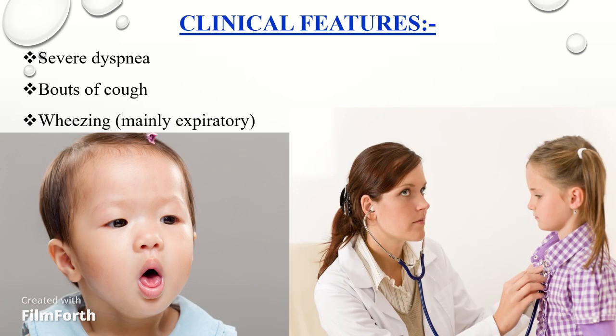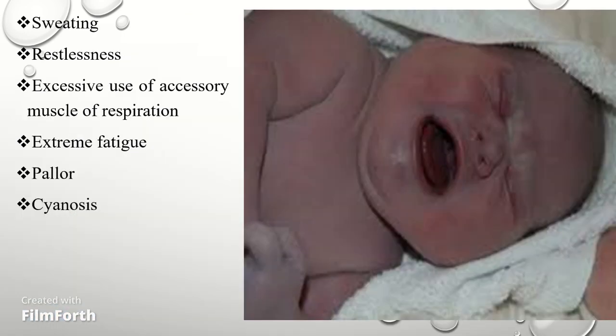Now, let's discuss the clinical features of bronchial asthma. There will be severe dyspnea, bursts of cough, wheezing, mainly expiratory. There will be sweating as well as restlessness.